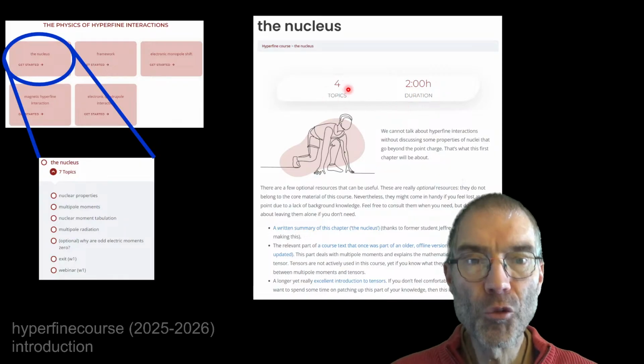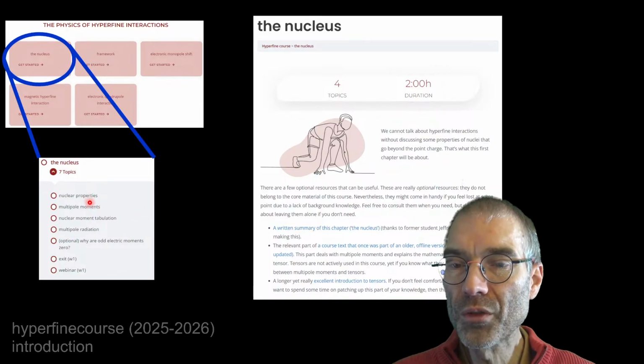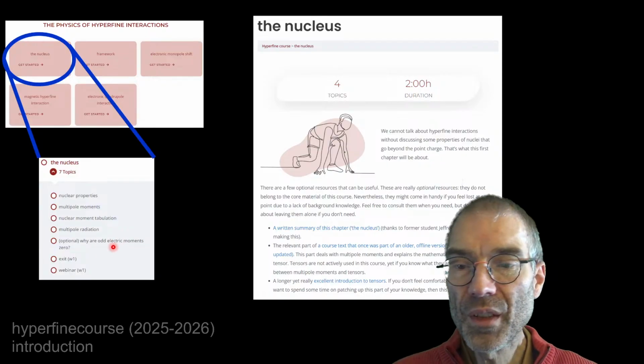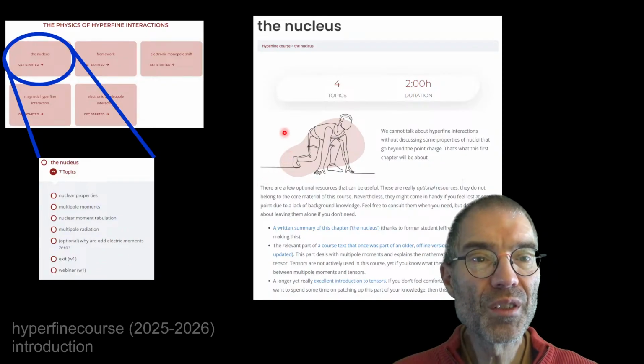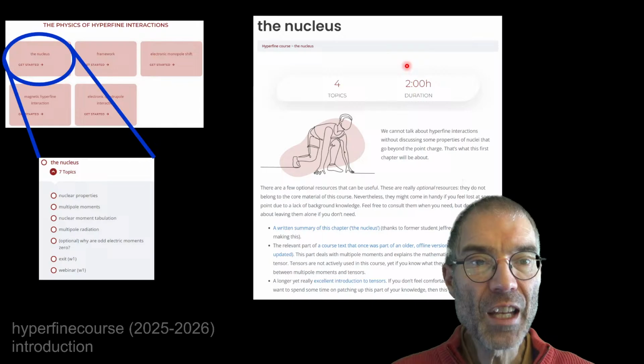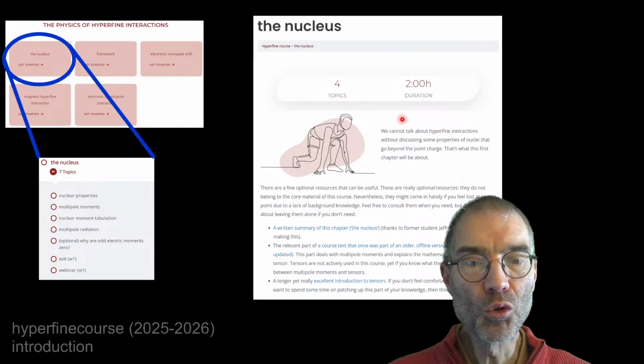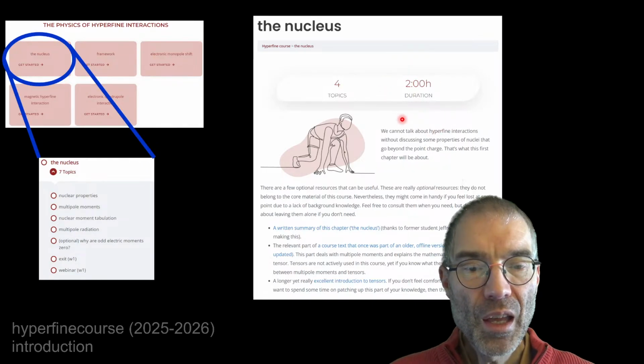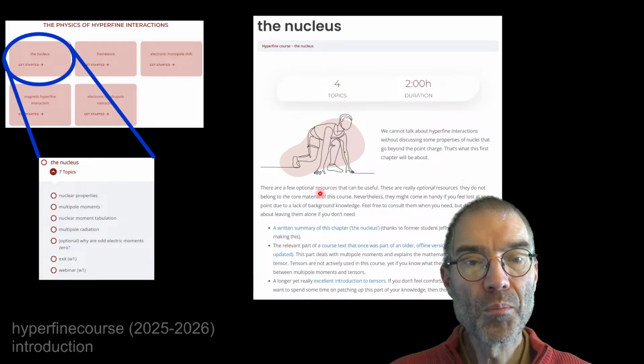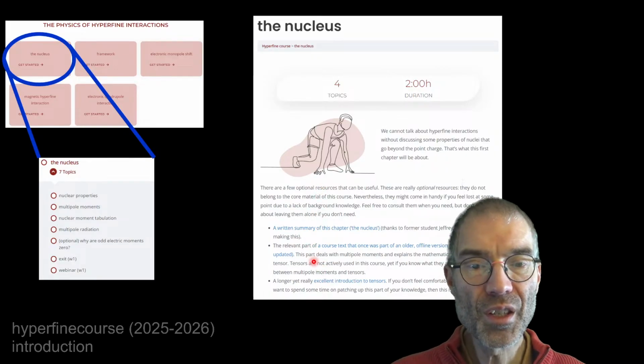So there are 4 topics for this course, 1, 2, 3, 4, and then an optional one, and then some administrative ones. It is roughly estimated that this will take you 2 hours of work, and there are also some optional resources given.